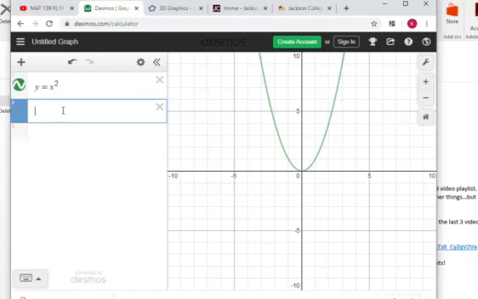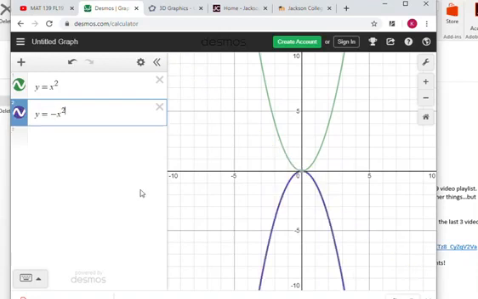I'm going to add some other graphs to that. And the first thing I'm going to do is just see what happens if I put a negative sign in front of it. And what you notice, of course, is that you get a reflection across the x-axis. It just flipped the graph upside down, or reflected it across the x-axis. That was really multiplying by -1.